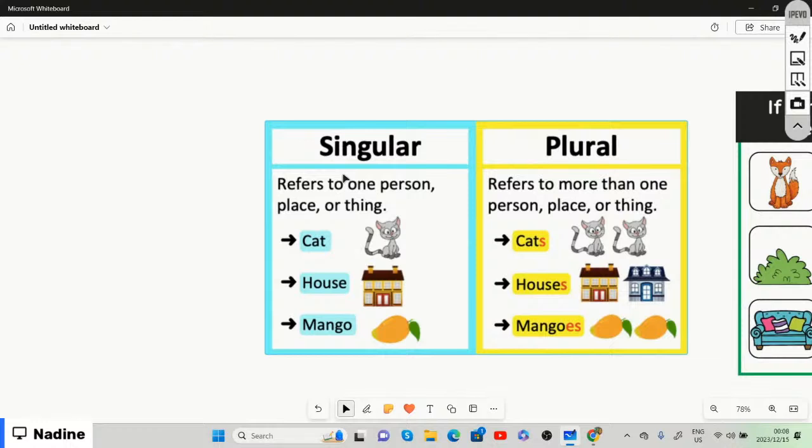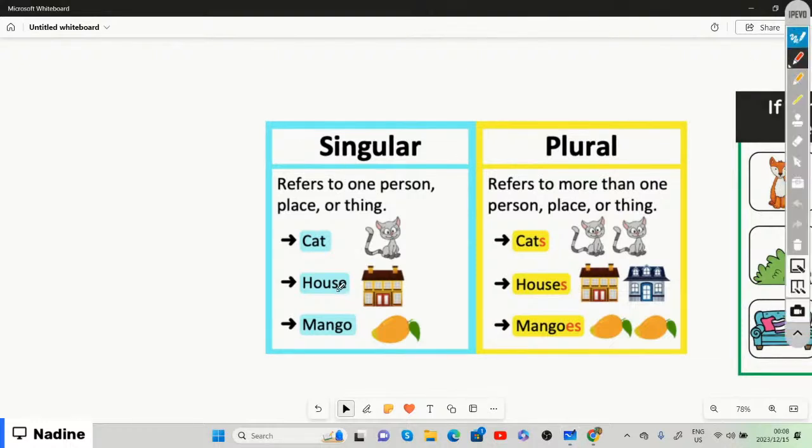here firstly we see a cat, right? If we're referring to one cat, then we just say cat. This is referring to one cat, and there we even have a picture. But now if we want the plural form, which means we want to make mention of more than one cat, then we say cats.